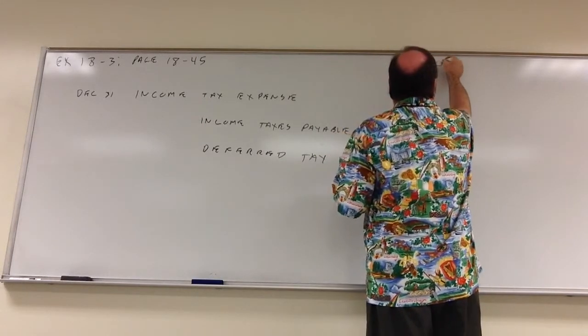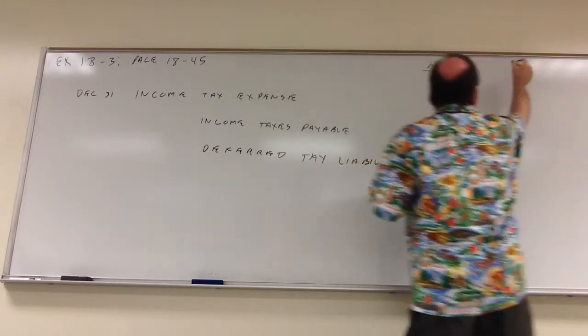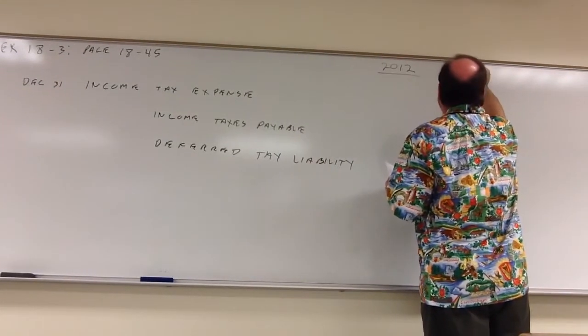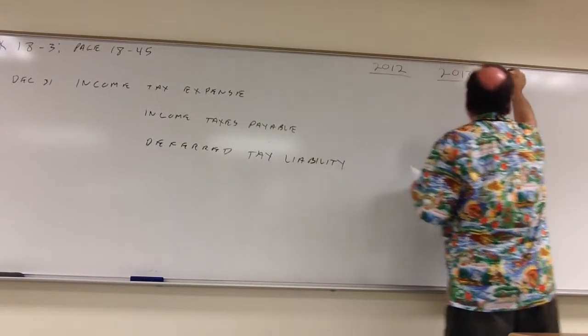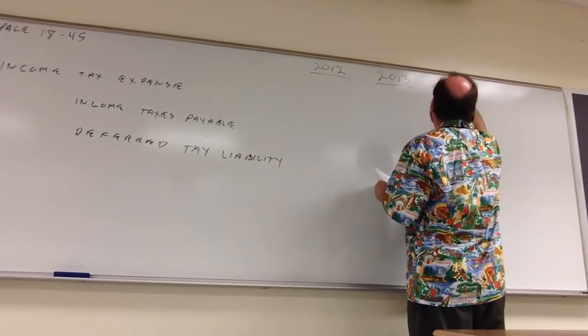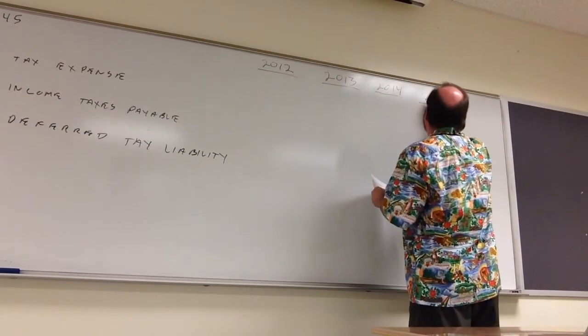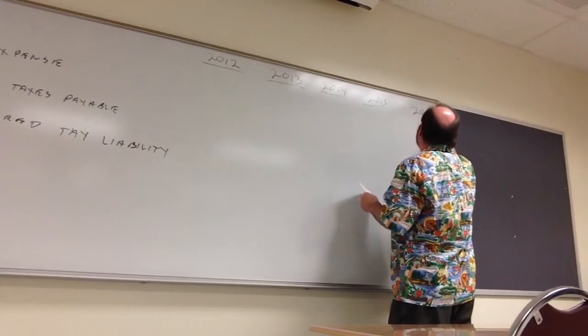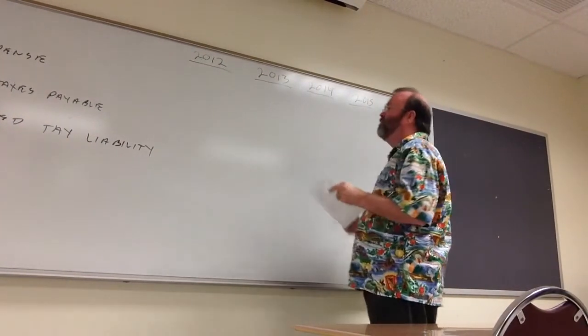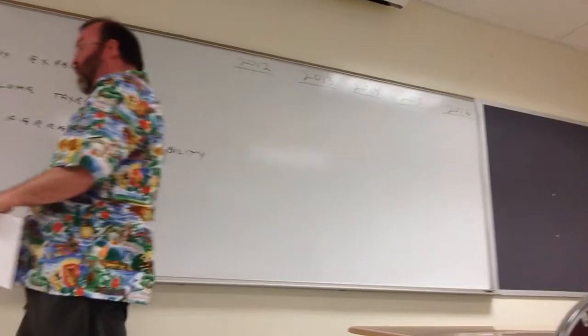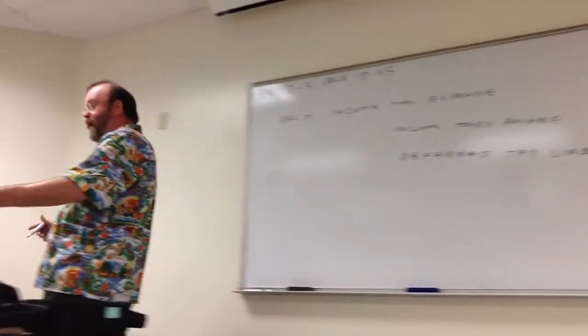So 2012, 2013, 2014, 2015, and I'll try to squeeze in, I should be able to. So there's a 5-year life of an asset that is generating a temporary difference. All right? And it's through depreciation.